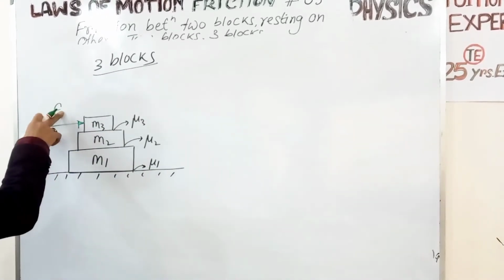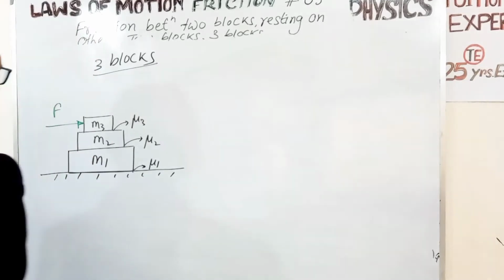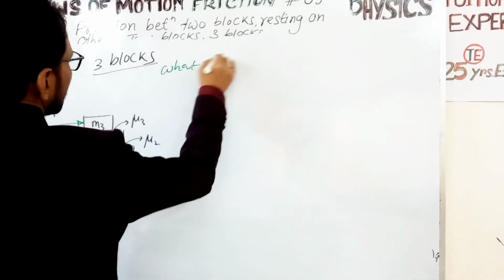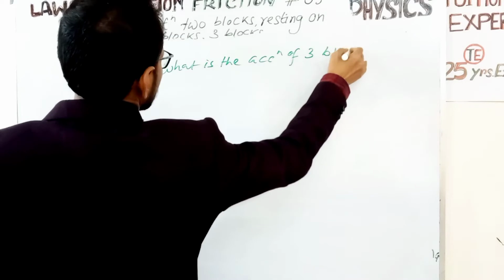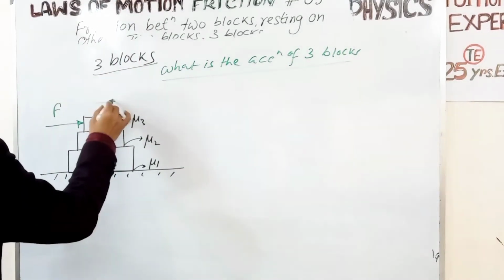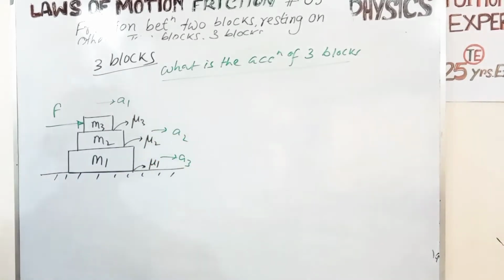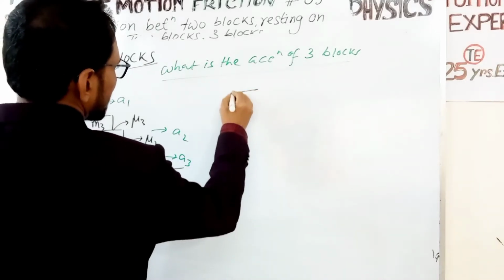First consider the force applied on M3. Then what happens? What is the acceleration of the 3 blocks? So A1, A2, A3. We have to find A1, A2, A3. To find the acceleration of 3 blocks, we have to draw the free body diagram.